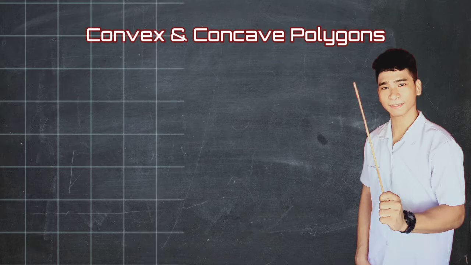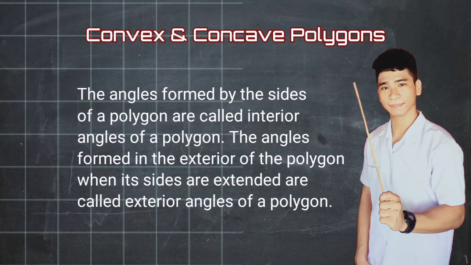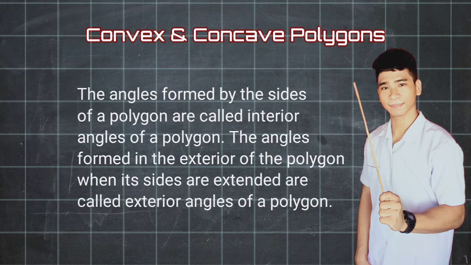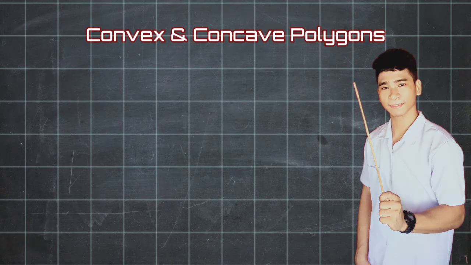According to definition, the angles formed by the sides of a polygon are called interior angles of a polygon. The angles formed in the exterior of the polygon when its sides are extended are called exterior angles of a polygon. So I have an example to understand these concepts.